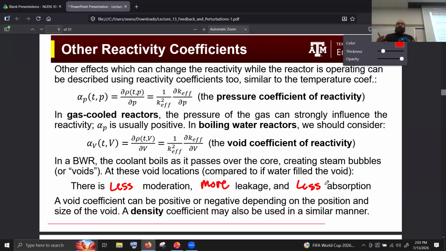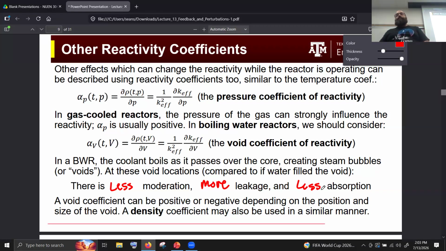And if more voids form, but those voids are less able to absorb neutrons, that could end up making our void coefficient positive, if it were the case that overall our system still allowed for neutrons to get to a thermal energy. Then having less absorption would mean that the neutrons that would have gotten absorbed in water now stay in our reactor.